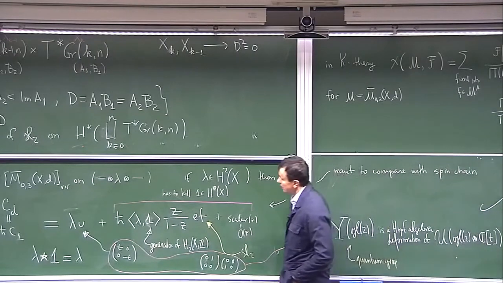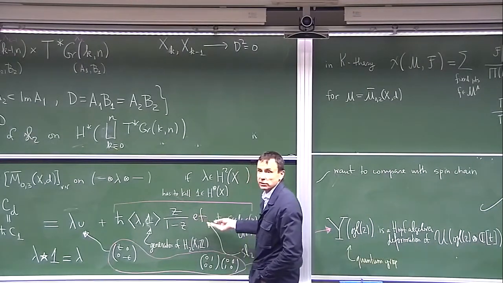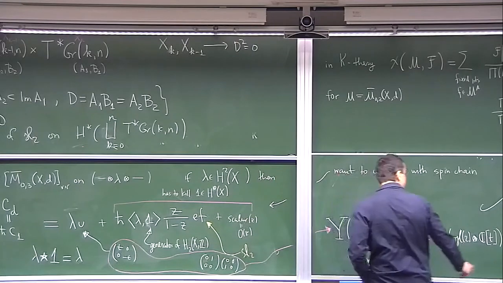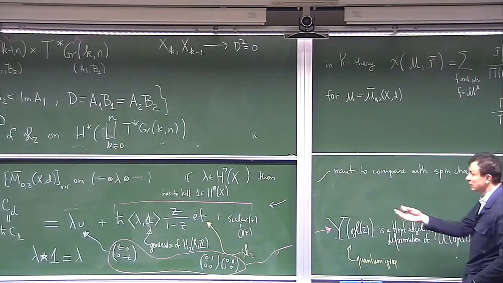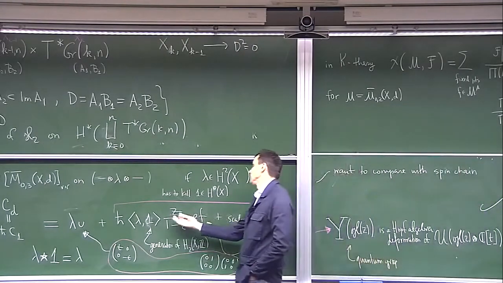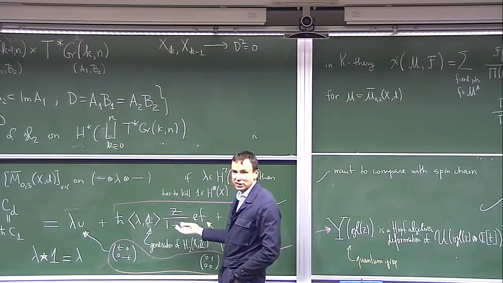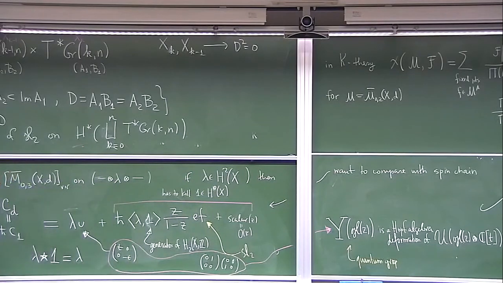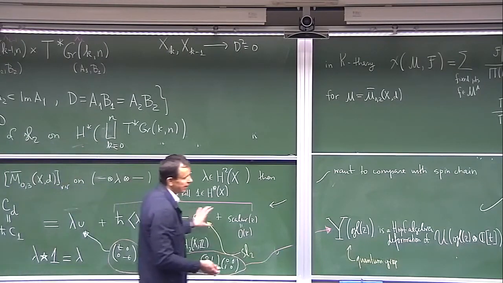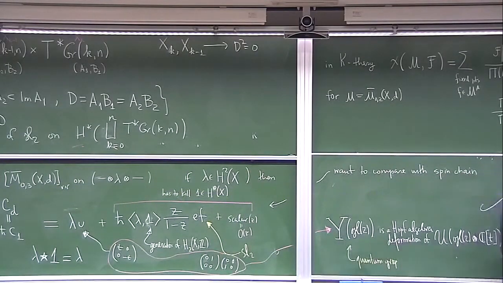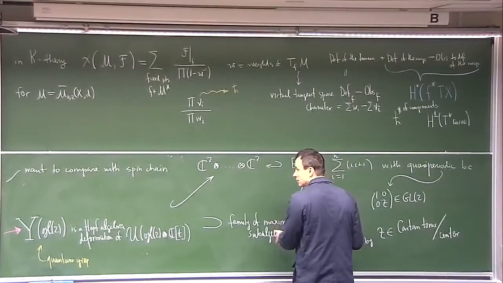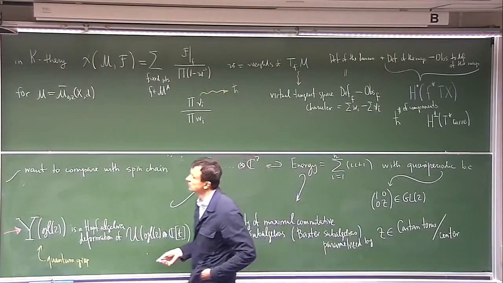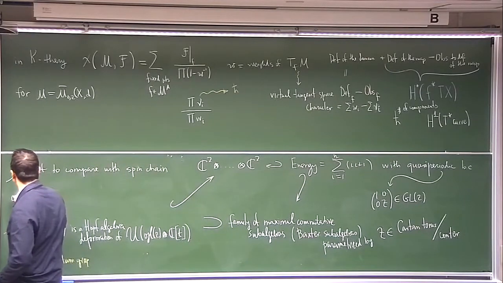And then this element here also belongs. It lands in exactly this Yangian. So these are commuting operators. Certainly it's not just one operator, but in general, quantum multiplication is a commutative algebra. So operators of quantum multiplication form a commutative algebra, and that algebra lands in here.